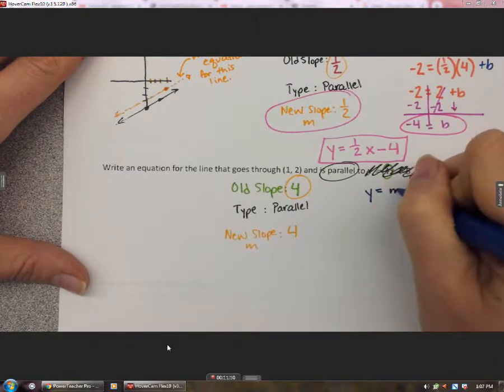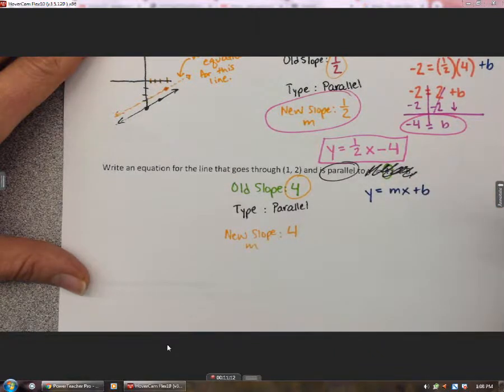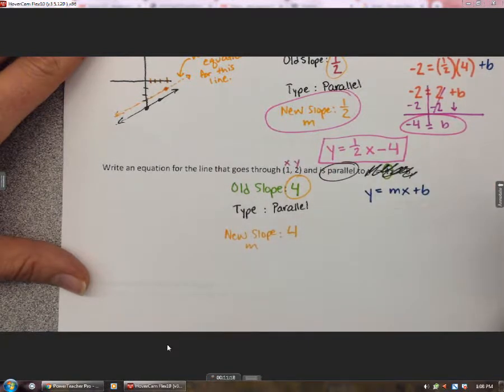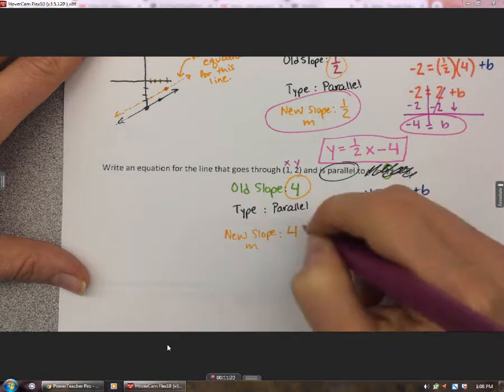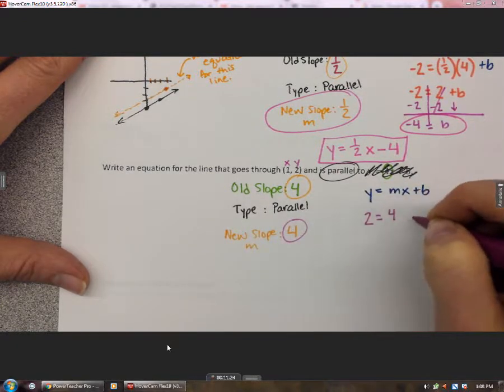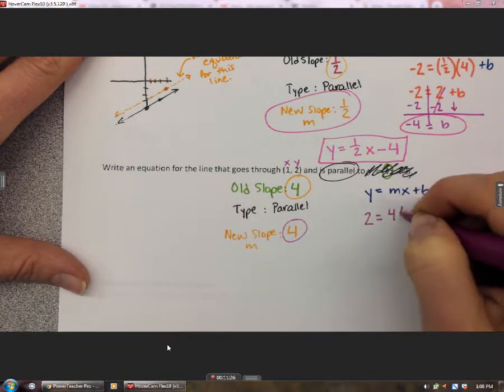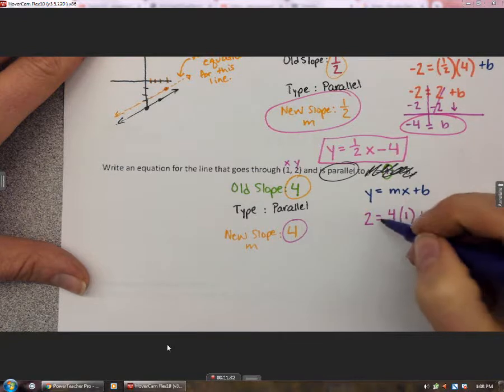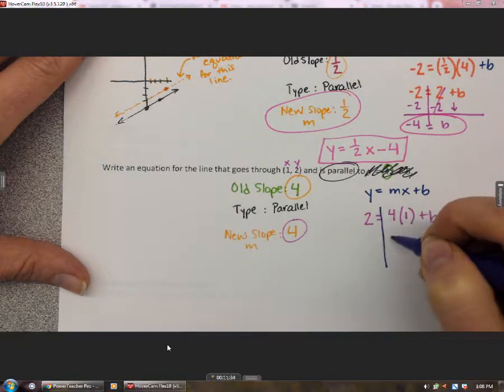Y equals mx plus b. I still have an x and a y. I can plug in 2 for y. My slope I found over here is 4. X was 1, plus b. 4 times 1 is 4.